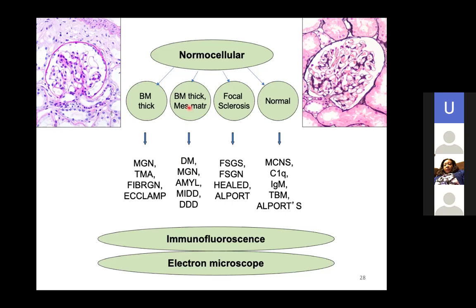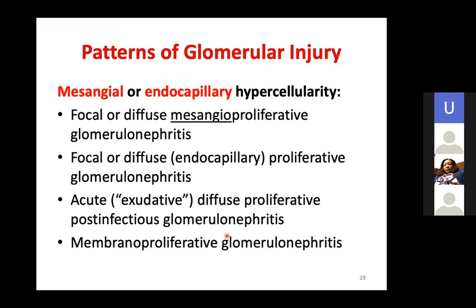If you are having basement membrane thickening, then it could be diabetes, it could be membranous, amyloidosis, and certain other conditions which we shall come to later on. But all this distinction would depend upon morphology as well as immunofluorescence. I may not be able to distinguish between a diabetic and membranous if I don't do immunofluorescence. I'll show you examples of this.